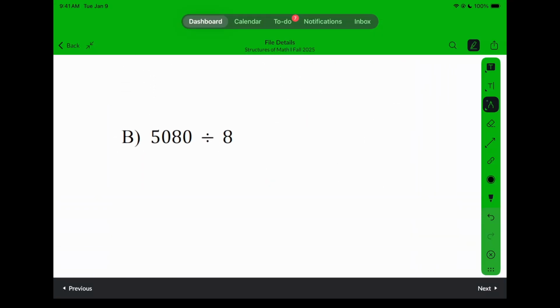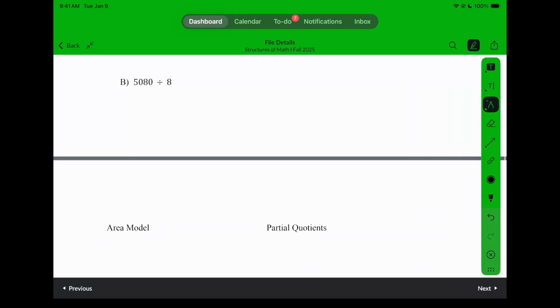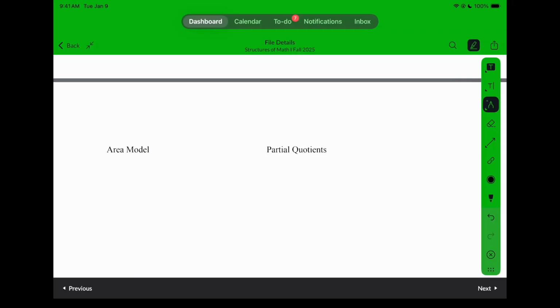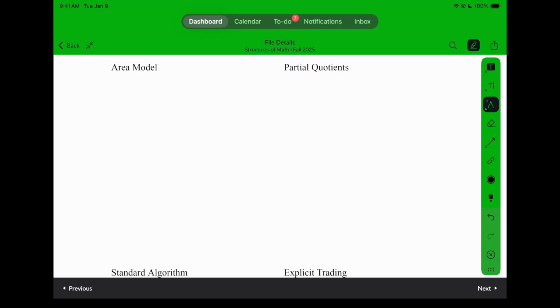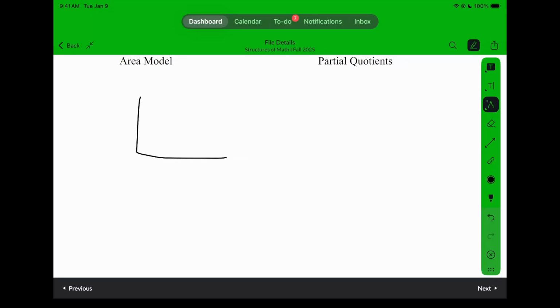Second problem, 5,080 divided by 8. So area model. 8 over here.